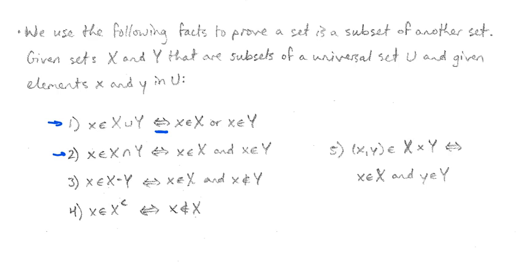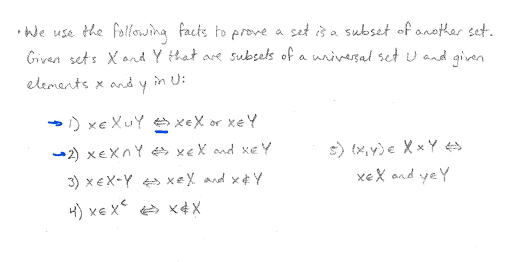Three, to say that little x is in capital X minus capital Y, by definition, little x is in capital X and little x is not in capital Y. Again, the difference set X minus Y is all the stuff in X that is also not in Y at the same time. Four, little x is an element of capital X complement.